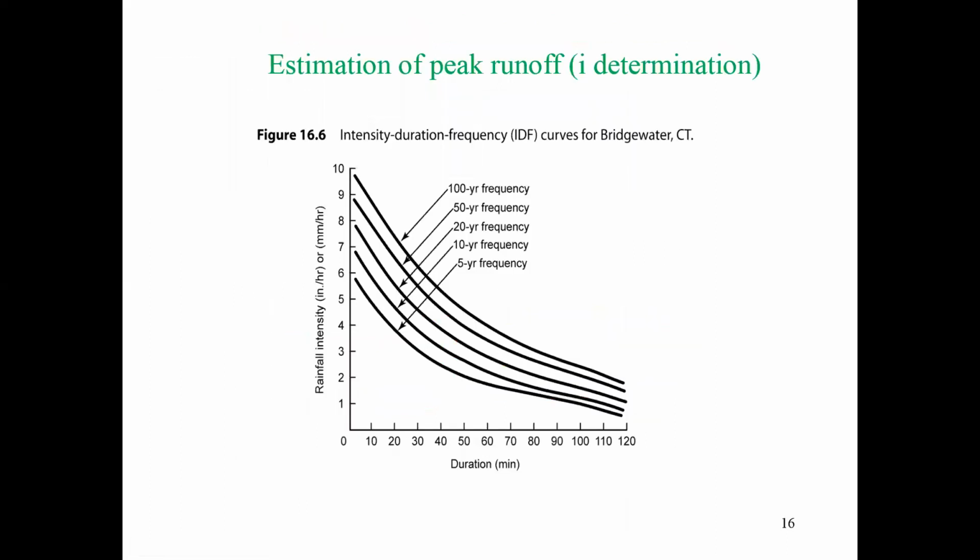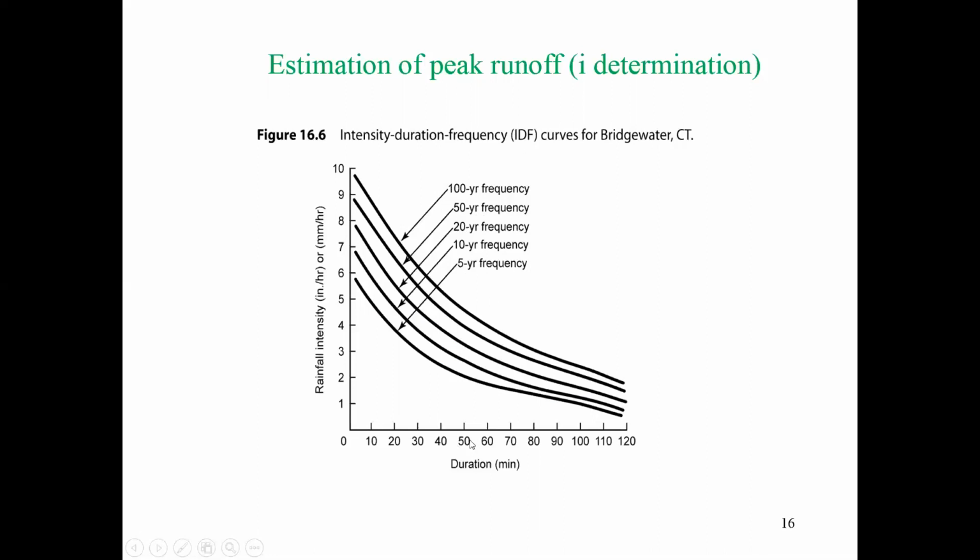So once we have the C, now we need to find the I. This curve is called the intensity, duration, frequency curve, and it will be used for determining the I. If you look here, the x-axis is the duration and the intensity is on the y-axis. This duration is actually the time of concentration. So we need to know the time of concentration, and you are seeing some of the frequency lines, 50, 20, 10, 5. For our case, we have to use the 20-year frequency.